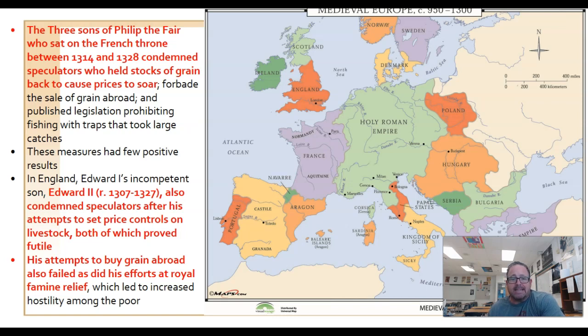Right, this time period is also sometimes called feudal, the feudal age, or feudalism, and we'll talk a little bit as time goes on about that political system known as feudalism. But just understand that in this system, kings are weak. All right, they don't have a whole lot of power, and so they were sort of powerless when it came to dealing with this epidemic.